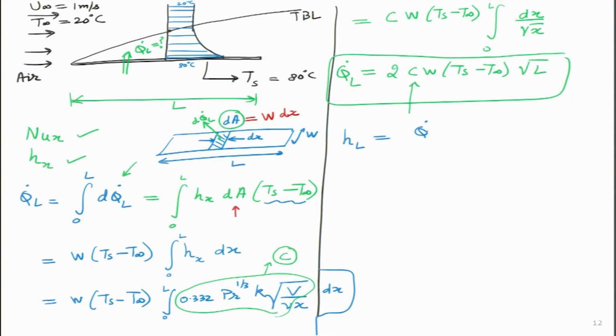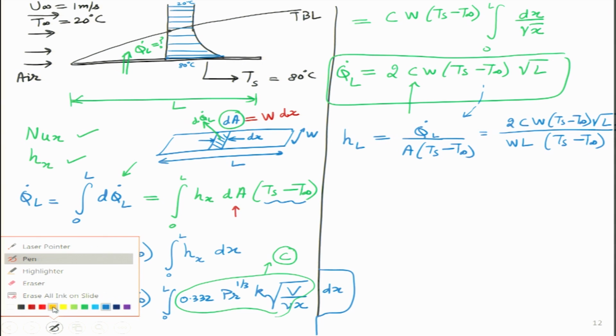By definition, h L is simply Q dot divided by the total area divided by the temperature difference. This is Q dot L, and the Q dot L value I can obtain from here. So, I will write Q dot L as 2 C W (Ts minus T infinity) square root of L. Area in the denominator I can write as width into length, and then Ts minus T infinity.